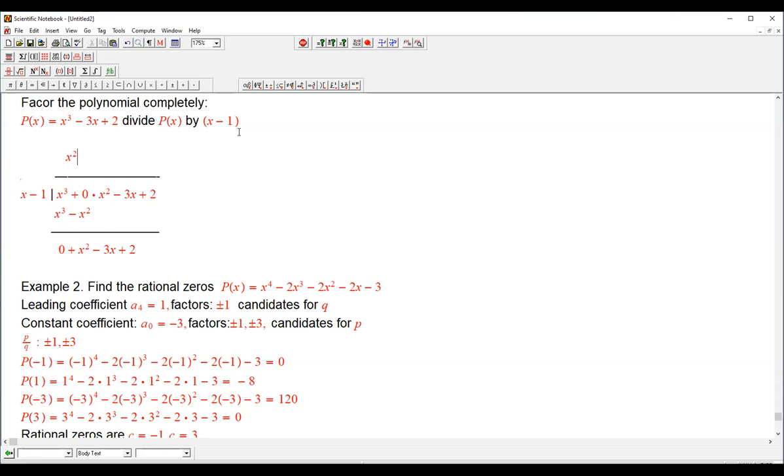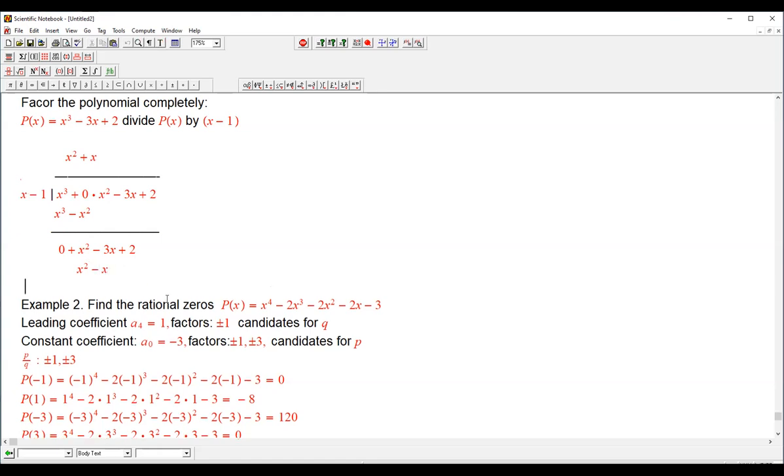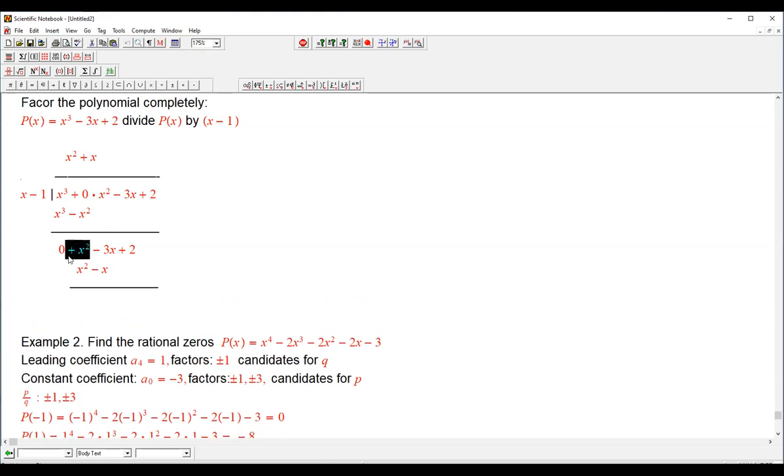Next, that's like doing division, I'm going to choose x. So x times x equals x squared, and x times negative 1 is minus x. So once again, we're going to do top minus bottom. x squared minus x squared makes 0.